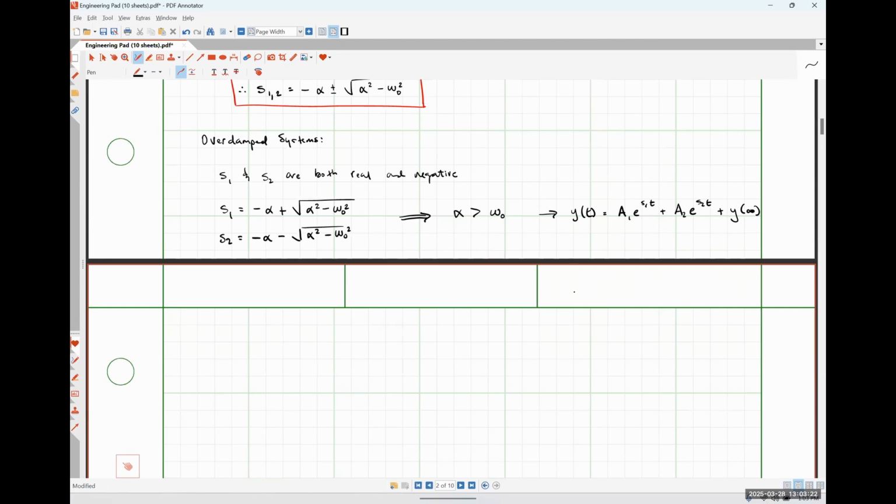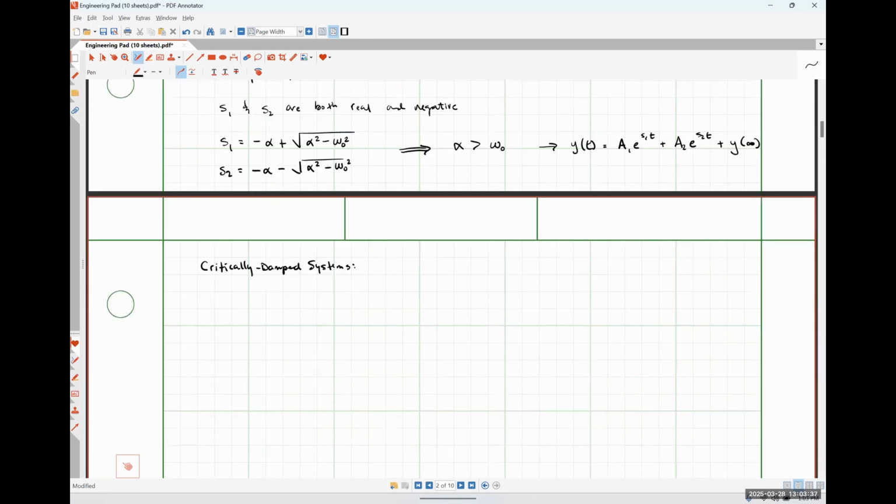Our next type of system that we're going to talk about is a critically damped system. So in a critically damped system, S1 is exactly equal to S2. Okay.